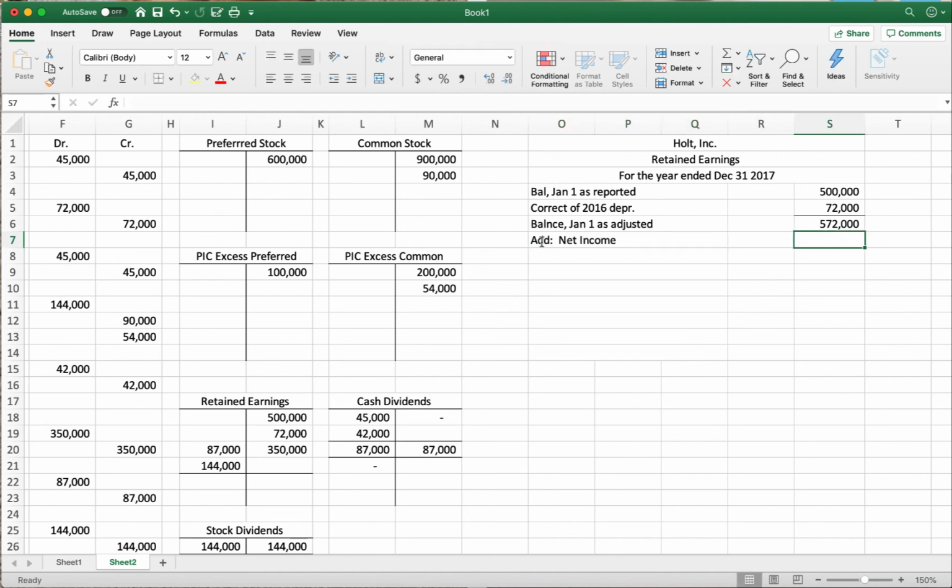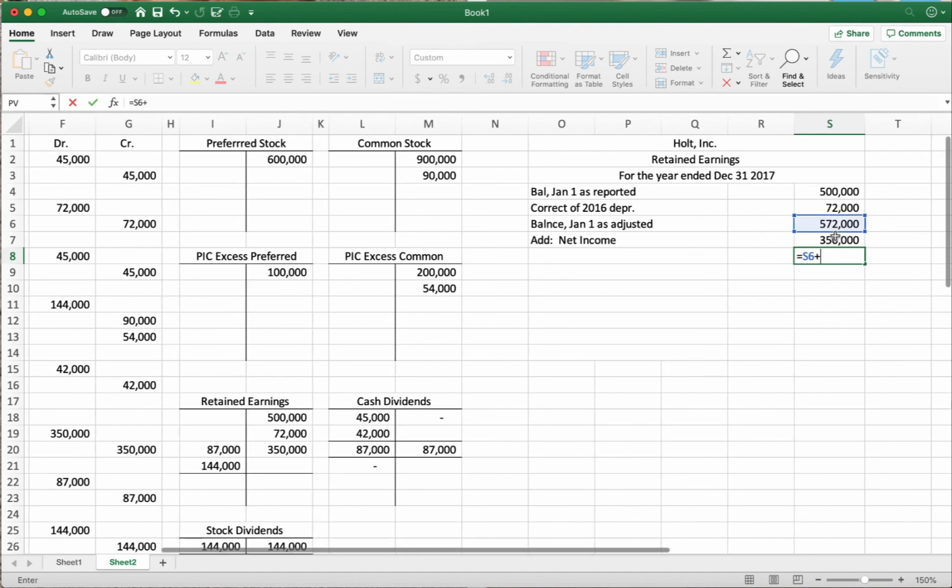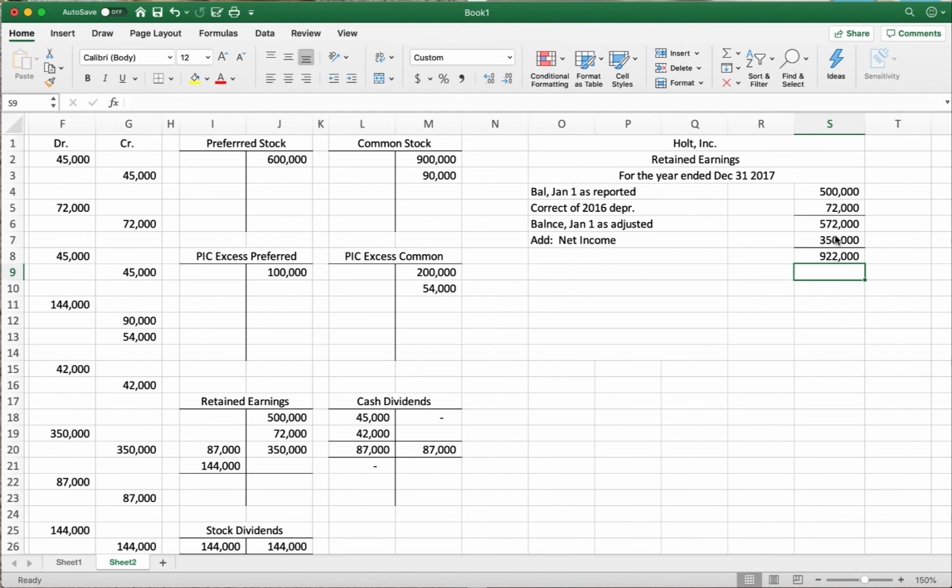Net income. And it's $350,000. That's a journal entry I made. So then I'm going to add this up, right? How much do I have in retained earnings before I factor in all the dividends that we paid, okay?